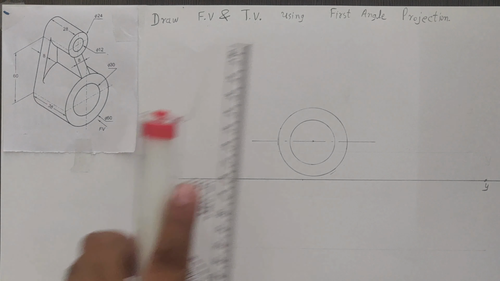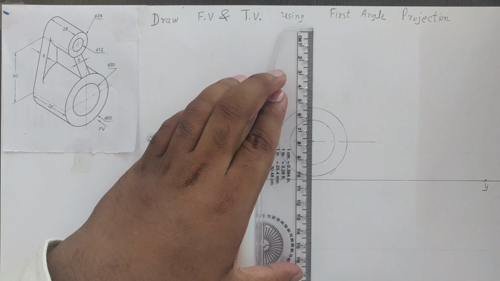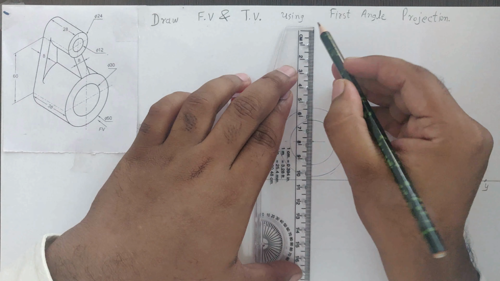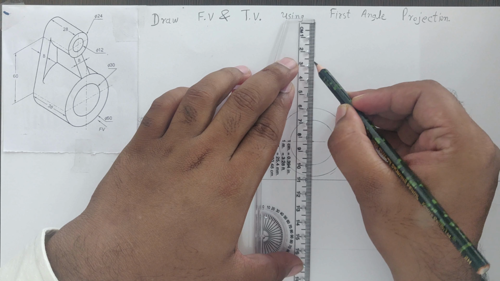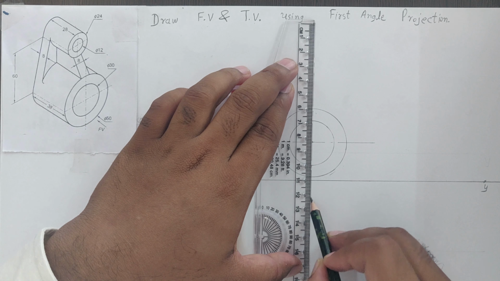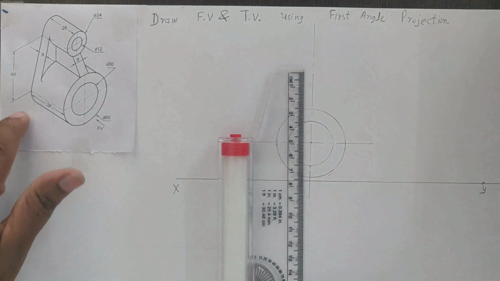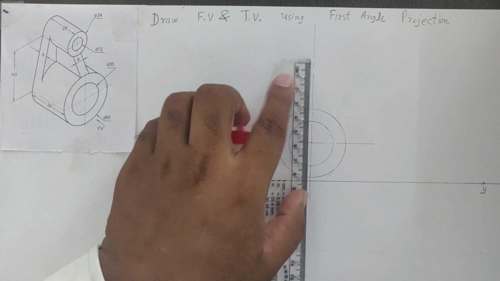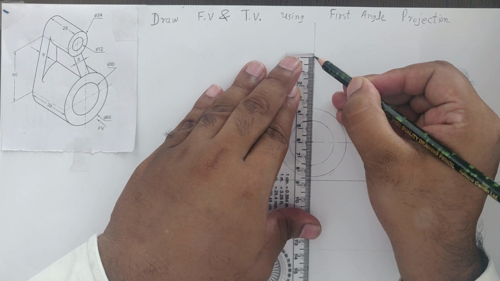Now you have to take a 60 mm distance perpendicular to it. So I am drawing a center line passing through this center. For this you have to measure a 60 mm distance from this center and you will have the center of another circle. You can see here I have the 60 mm distance over here.